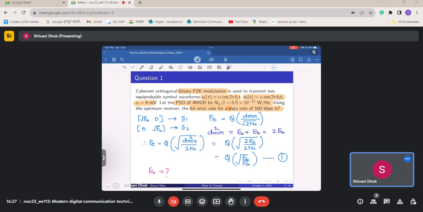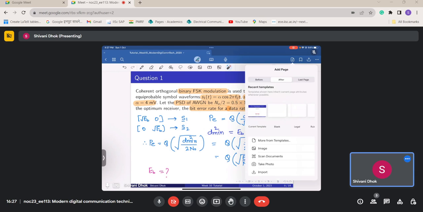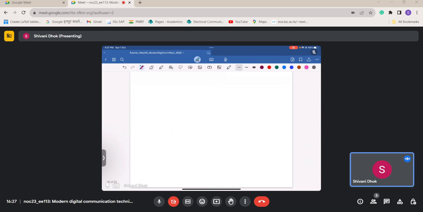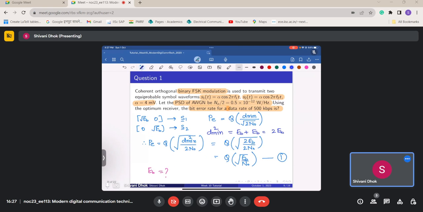Okay, so let's try to find out that. So what we need to find is EB, and EB is energy of any of these two signals, S1(t) and S2(t).